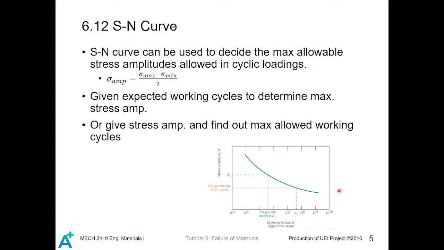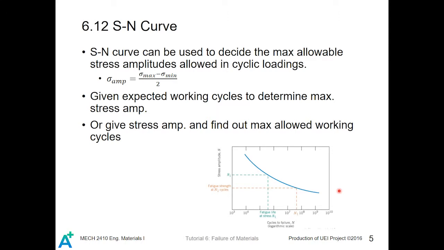We can use the SN curve to decide the maximum allowable stress amplitudes in cyclic loadings. The stress amplitude is basically defined as the maximum applied stress minus the minimum applied stress, over 2. And we can use it in two ways. The first way is when the expected working cycles are given, we need to decide the maximum stress amplitude.